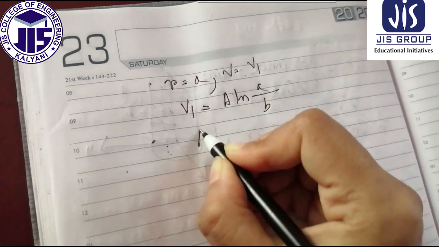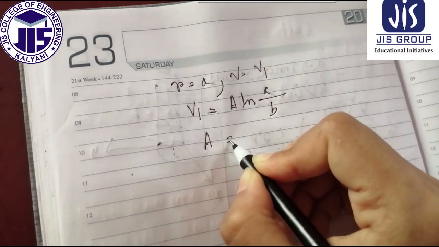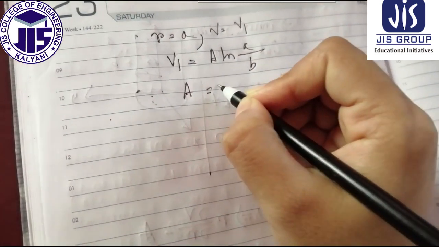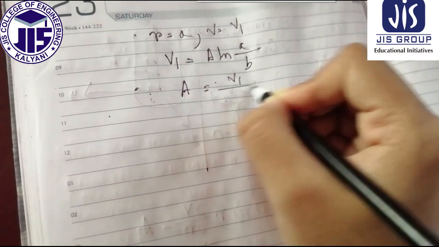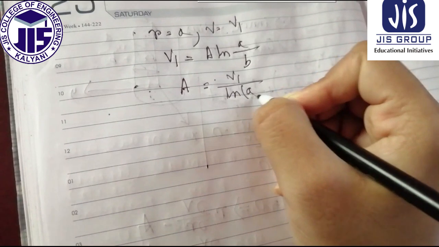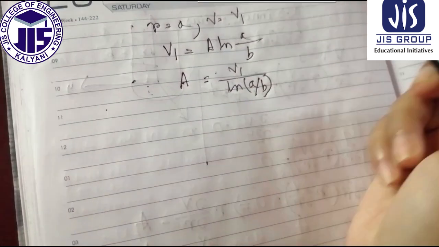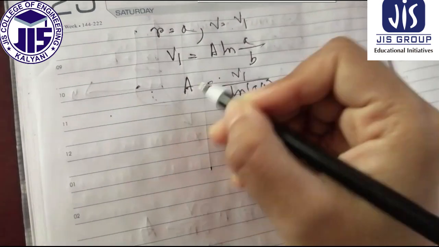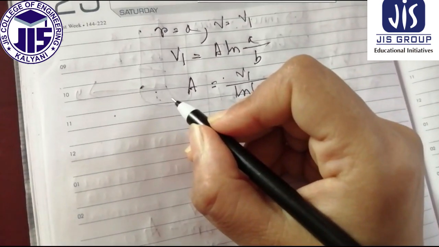So finally A can be written as V1 divided by ln of a by b. So this is the expression of the constant A.